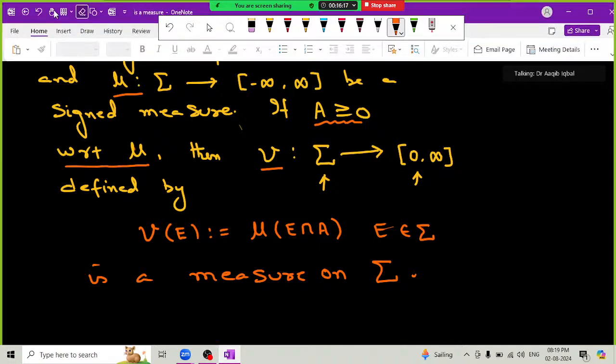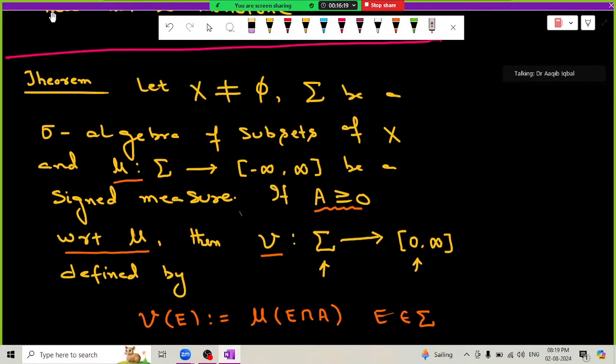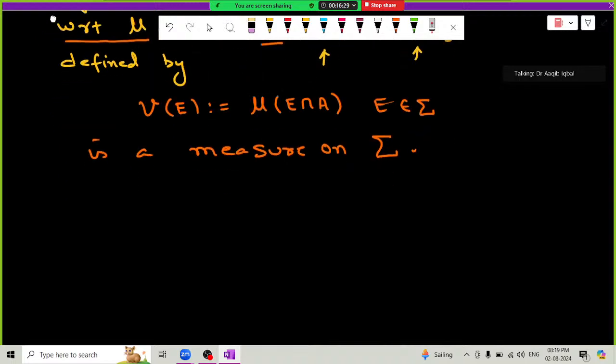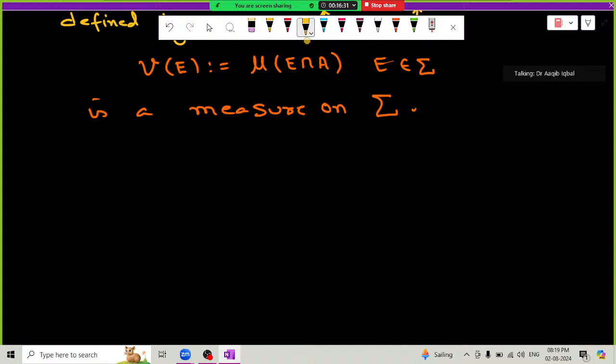So basically मैं आपको ये theorem में बता रहा हूँ कि using a signed measure and a positive set A, you can create a measure. और वो काम ऐसे करता है. It is possible to create a measure. First I'll give a proof of this.